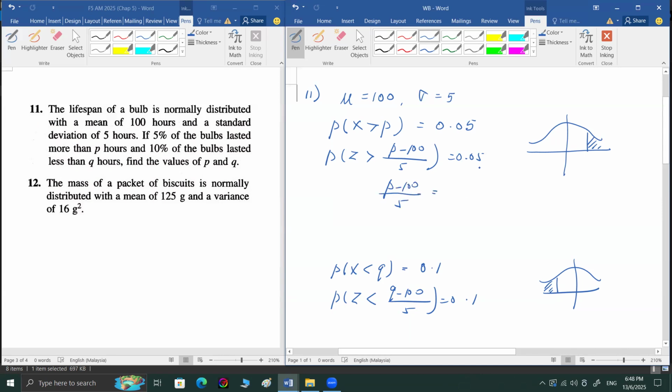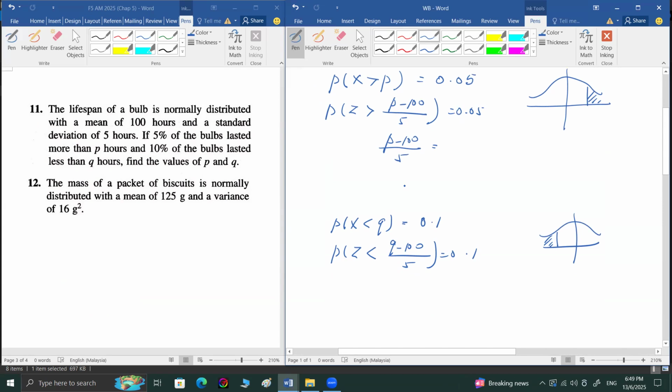Since this is a positive value, you get it from the table, or for you that are using EX, you get from the calculator to find this value. And for Q here, just like I said, you can either put the negative with a bracket or you can apply the negative here. Okay, keep trying and see for this.